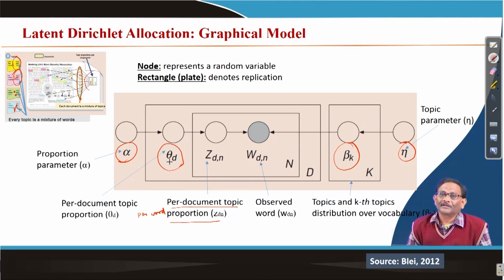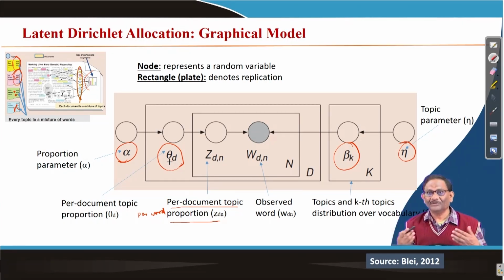That also depends on what you are going to write, that writing process, what you want to convey. So accordingly, two different parameters, one is the proportion parameter and the other is the topic parameter, are introduced. This is nothing but, otherwise, the generative process. Generative process in the sense of how the documents are generated.